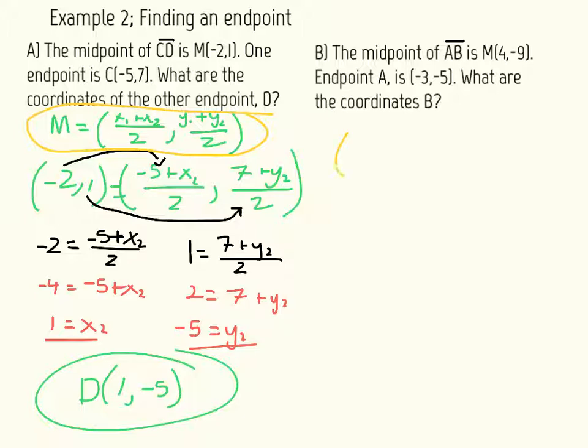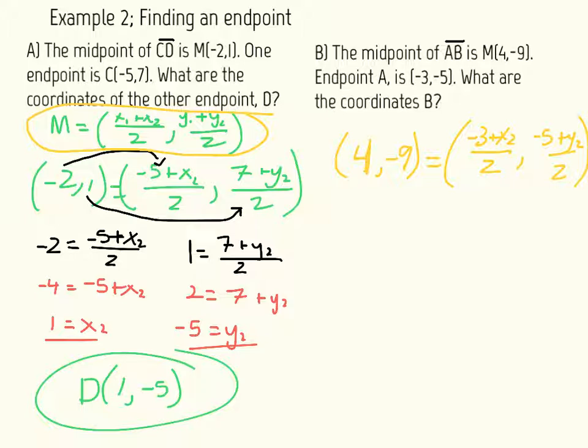So I'm going to plug that in. Midpoint is 4, -9. So that's going to equal my first x, which is -3 plus x sub 2, and divide that by 2. And then my first y is -5 plus y sub 2 divided by 2. So then I'm just going to match them up.